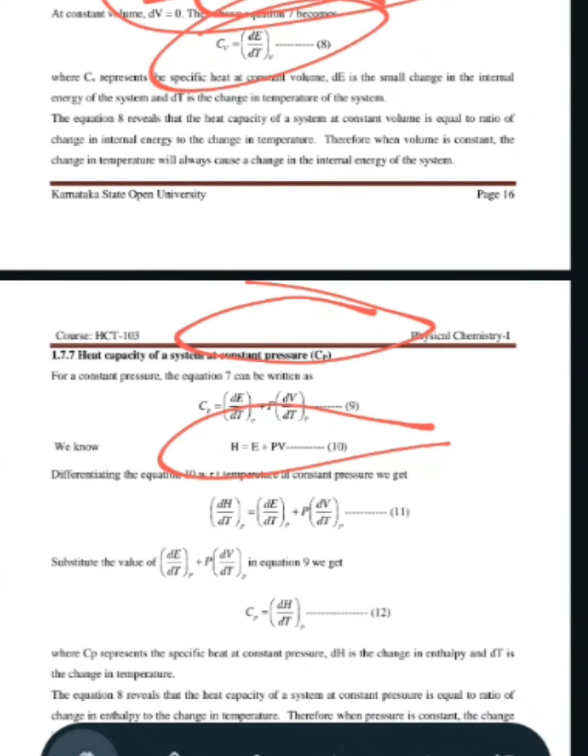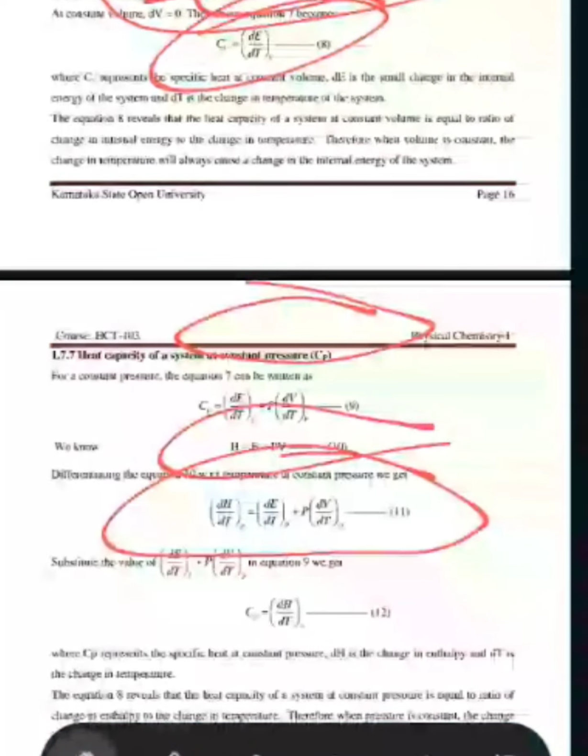H is equal to E plus PV, where we are going to insert the values of H, E plus PV. C is equal to dH by dT with respect to P, and P is kept constant.